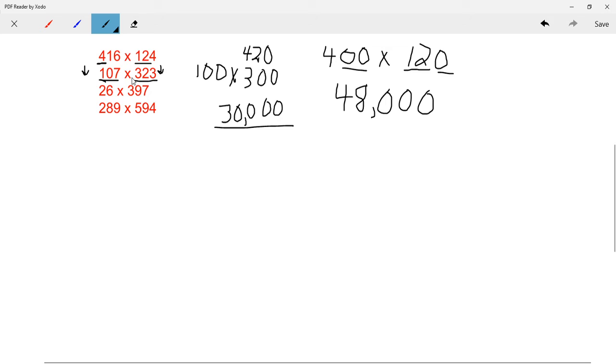Now, if we were rounding both of the numbers up, let's just say for this one, 300 times 600, okay? And then 3 times 6 is 18. I add the 4 zeros, 1, 2, 3, 4, 180,000. This is actually higher than this answer because both of these are going up.